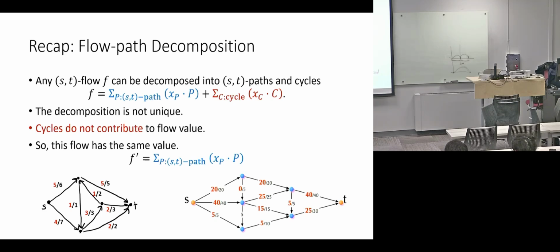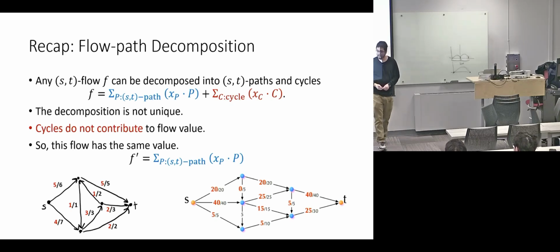So if you consider another flow, f prime, where I just collect all the path parts of f and neglect all the cycle parts of f, the value of flow f prime is going to be the same, because the cycles are just some set of cycles that contribute zero value.